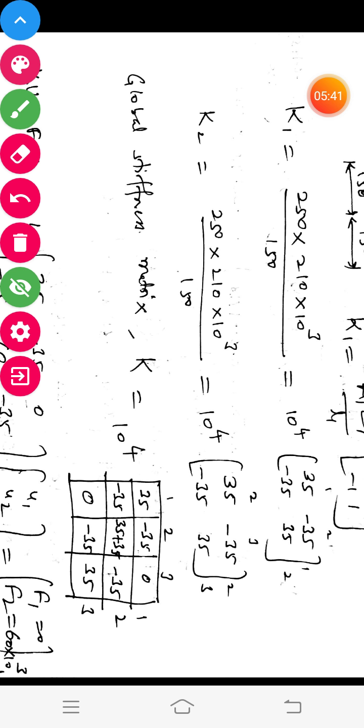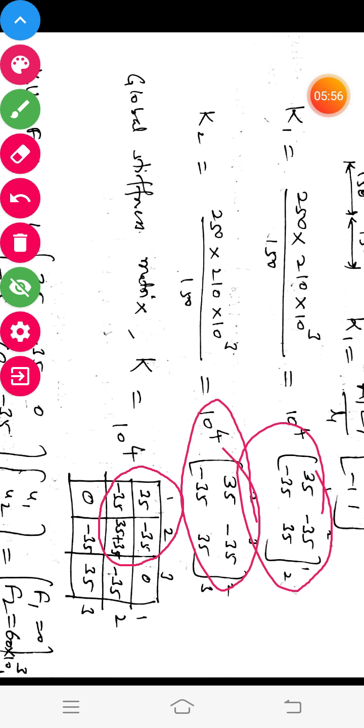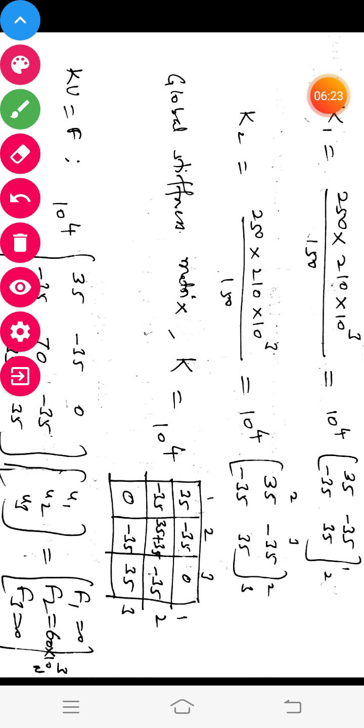Just highlight the K1 matrix terms into this box 1 2, 1 2. Next transfer the terms of K2 into this box, that is 2 3, 2 3. Then one common term you will get is 35, at position 2 2, which is available in both the matrices. 35 plus 35 gives 70, and the remaining blank boxes you write 0. This is the global stiffness matrix we got.